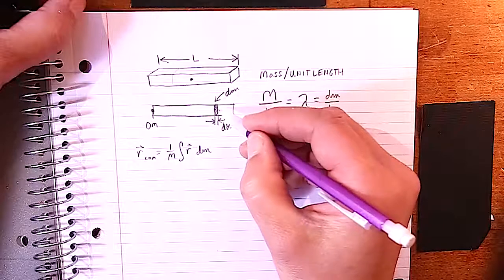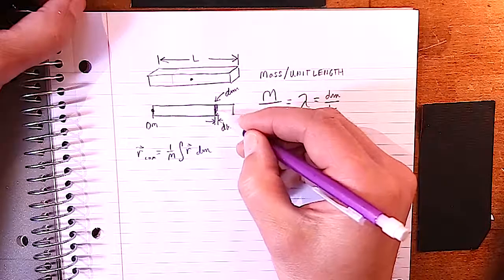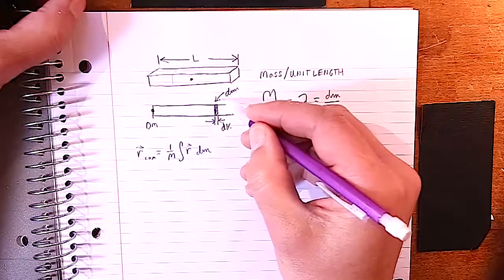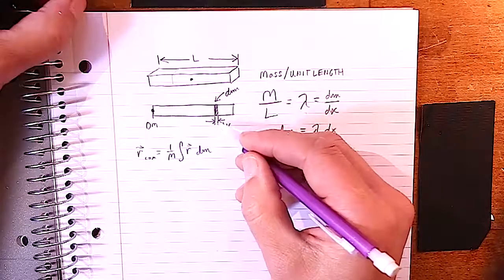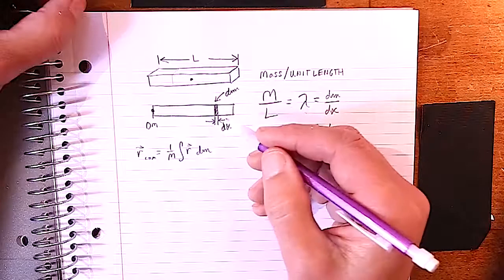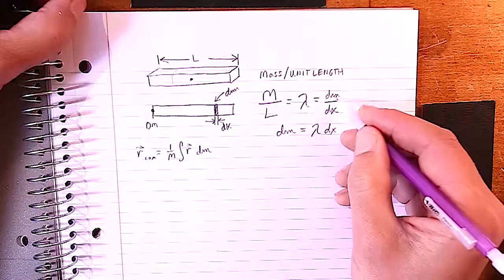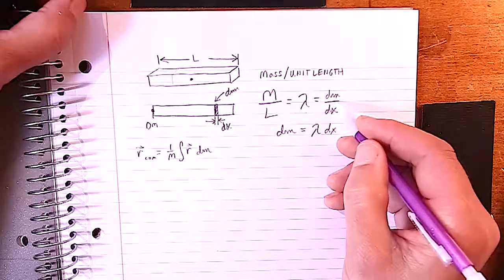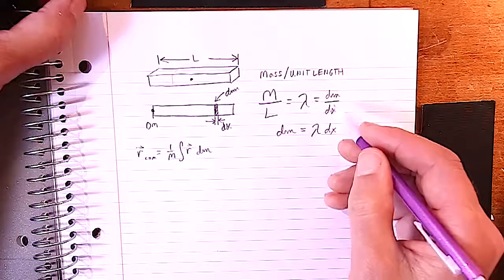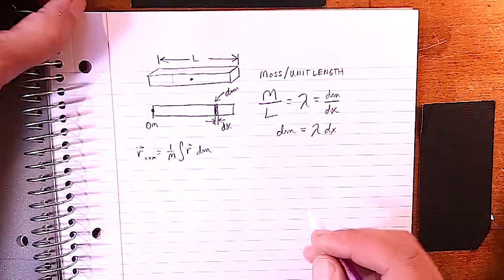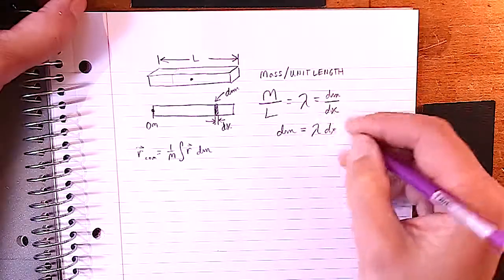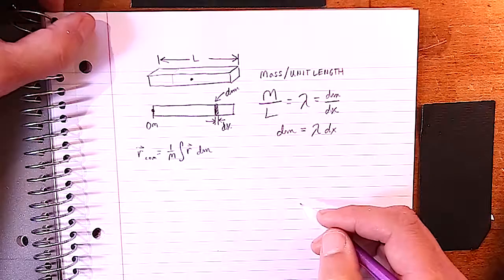That means if we take a little tiny chunk, dm, the derivative of the mass, divided by the little tiny distance there, dx, that would also be the same. So if that's true, then we can rearrange this and just say lambda times dx is equal to dm. So we're going to end up using that coming up in one more step.